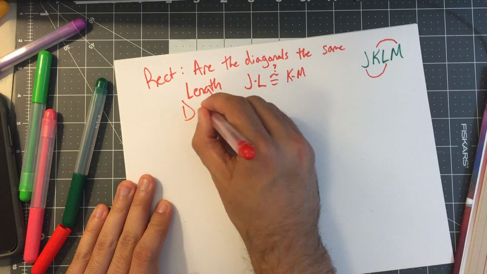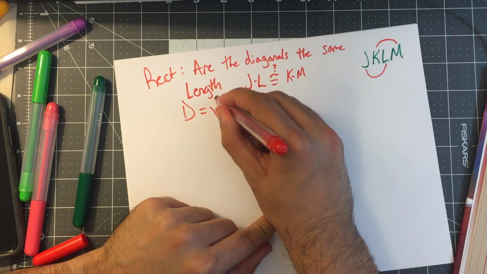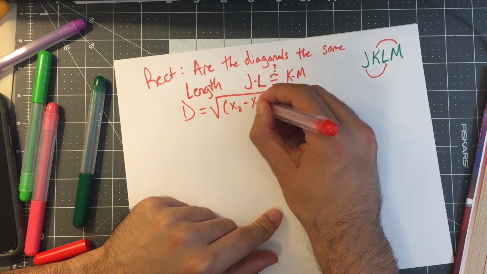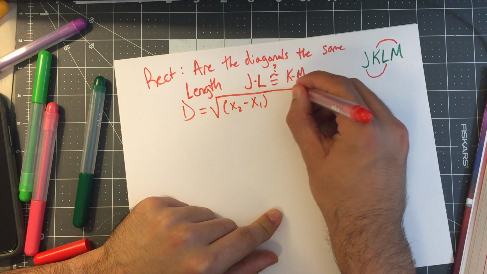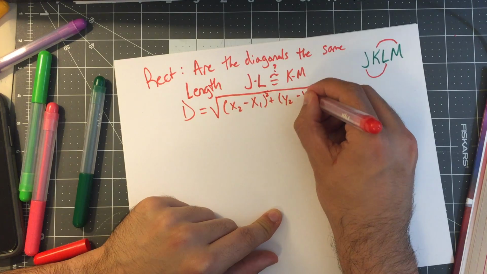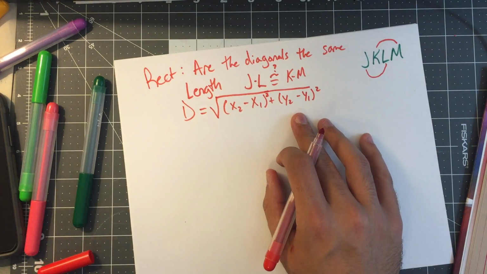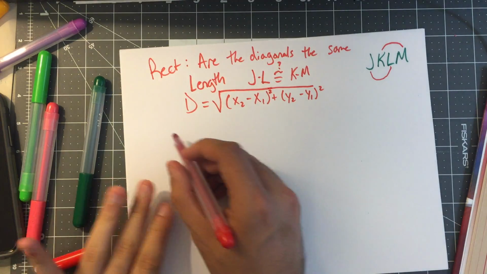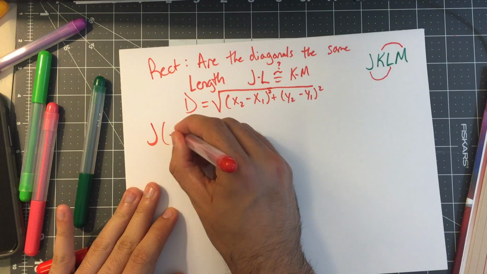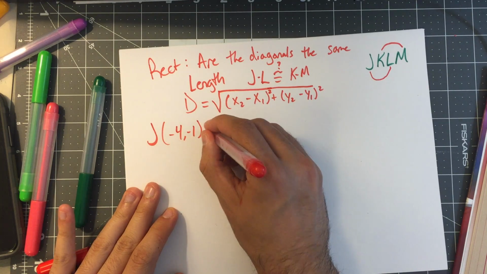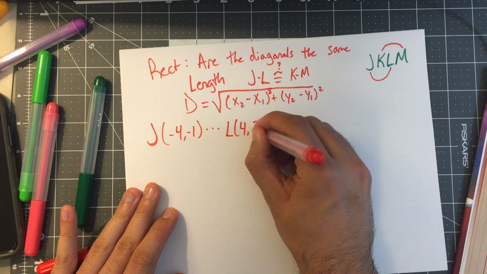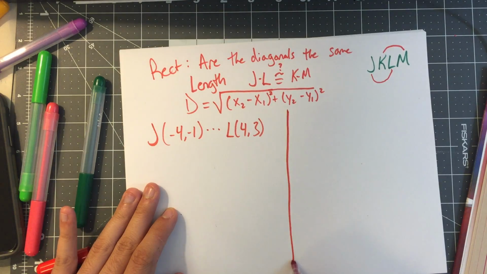So I'll need the distance formula. I'm also going to show you a way to do this that's not as involved as just plugging it into the equation. So that's the distance formula. I need the distance from J, which is (-4, 1), over to L. That's one problem I'm going to do.